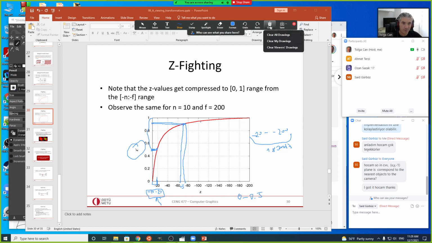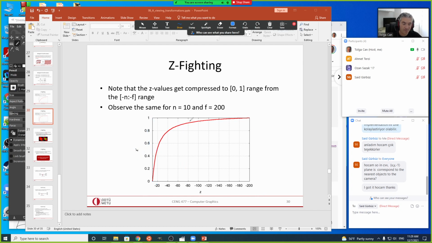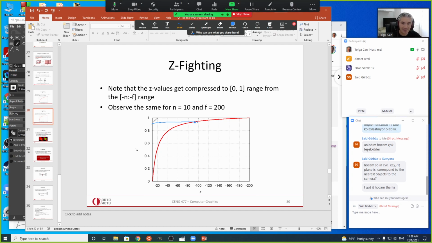Because of floating point precision, objects that are far away, where you think one object is behind the other, we will not be able to distinguish objects that are, for example, 1 unit behind the other object. They will appear as if they're at the same z value.